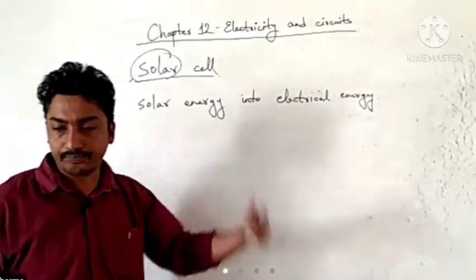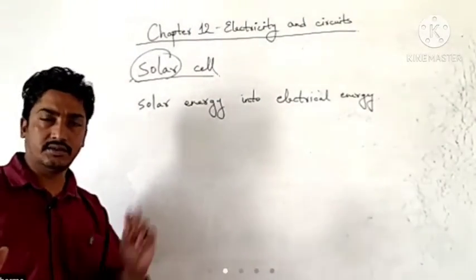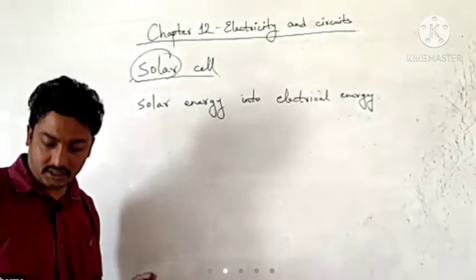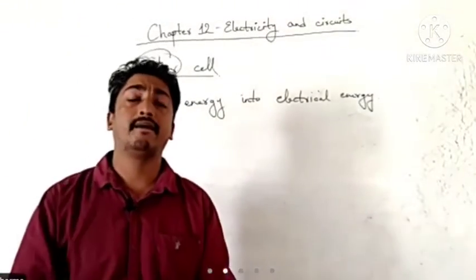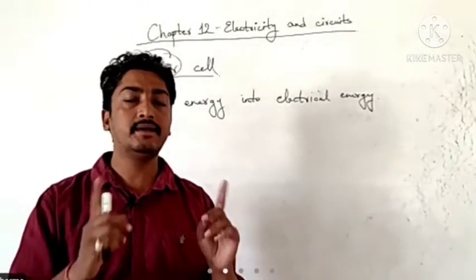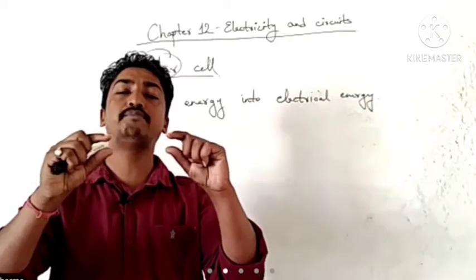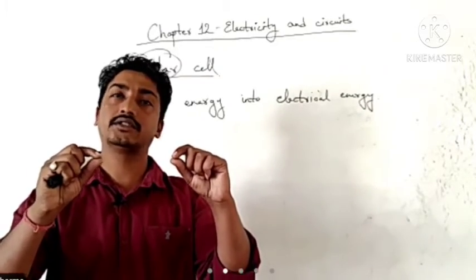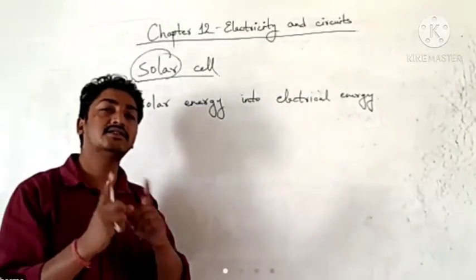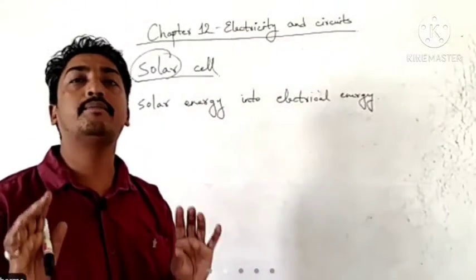Solar cells are used mostly in wristwatches, and in calculators we can see there is an option of battery also, means dry cell. But apart from that, we have a thin panel, a thin plate, that is for solar, known as solar panel.